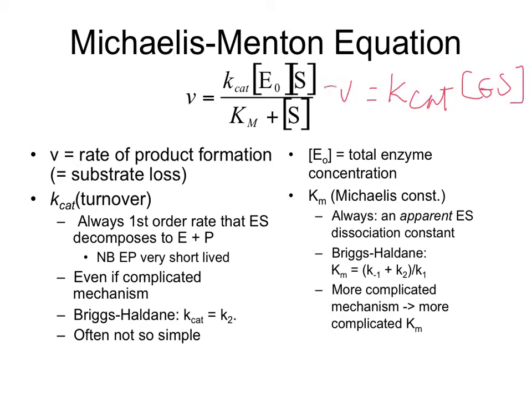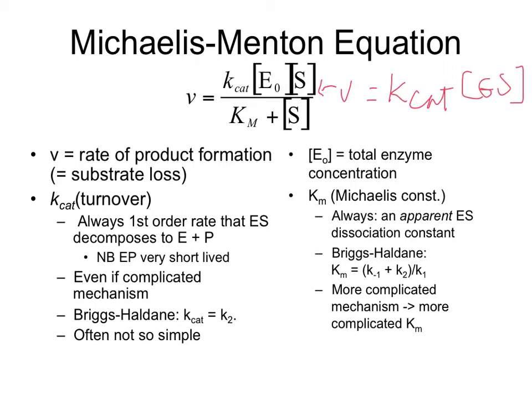This can be converted into an equation where it's now in terms of the total enzyme concentration as well as the substrate, as shown here, where now the rate is equal to kcat times the total enzyme times the substrate divided by Km plus the substrate concentration. So here, again, this is your rate of product formation.